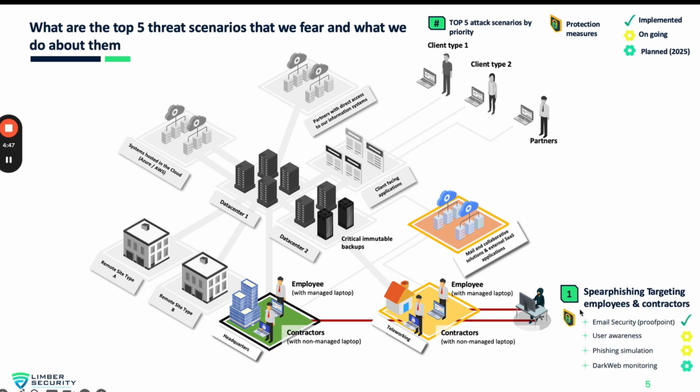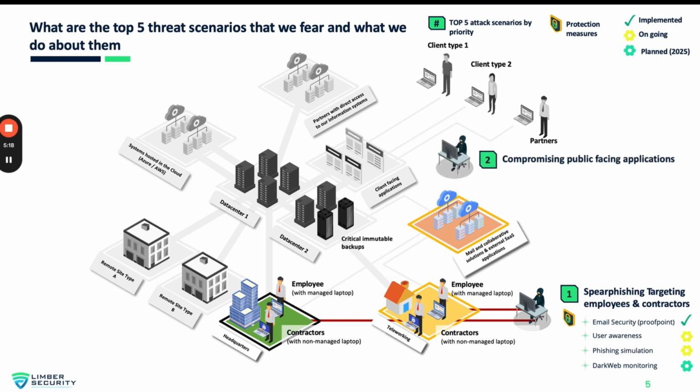Here in terms of protection measures, this also can be customized, so email security, Proofpoint or other solution if you have, but also non-technical solutions like user awareness, phishing simulations, and dark web monitoring to reduce the spear phishing, to identify which of the employees or contractors are using corporate email in other leaked databases.